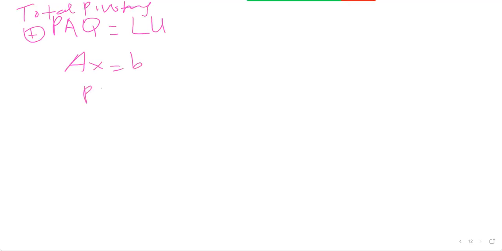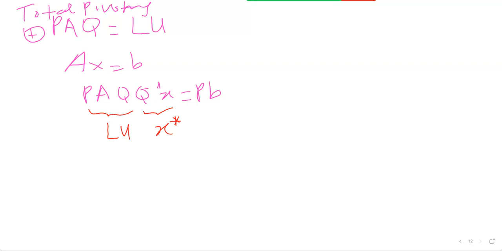you can write PAQ, and then you can do U inverse of X is equal to PB, where now you have this as your LU and this as your X. So we call it S star.